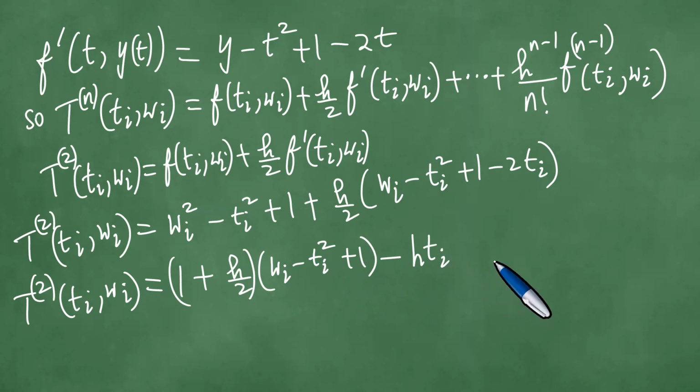Because the w_i, for instance, here is h over 2. Let me see what we got here.